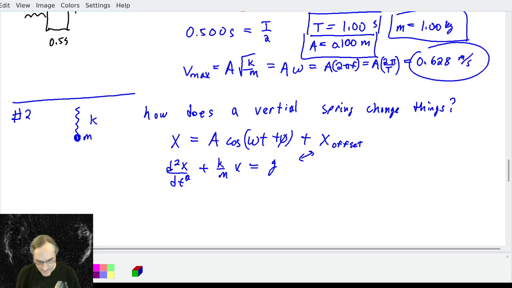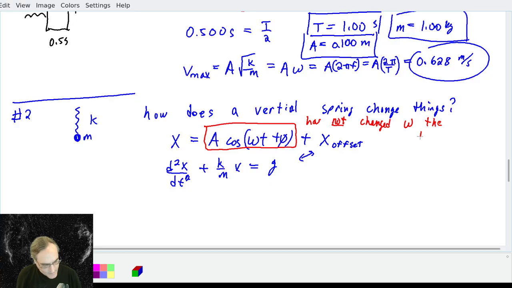But here's the important thing. It has not changed omega, the rate of oscillation. So, like in example problem 2 or any other future problem with a vertically hung spring, you don't need to worry about omega being changed or the period being changed or the frequency being changed.